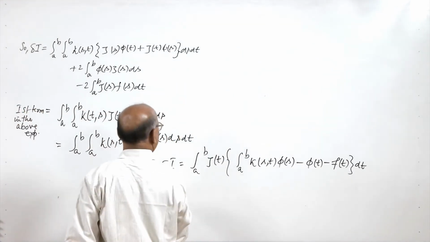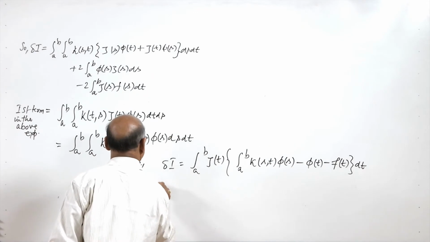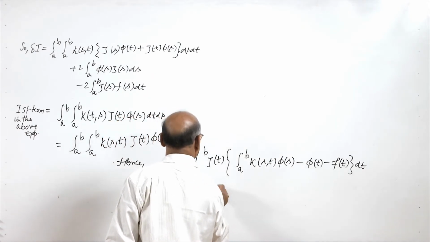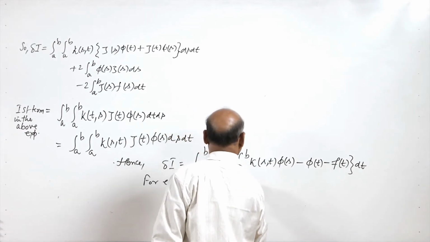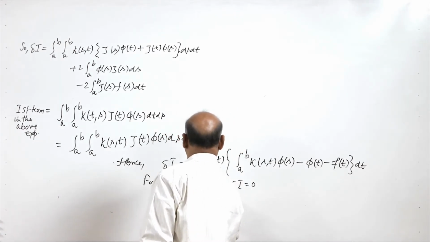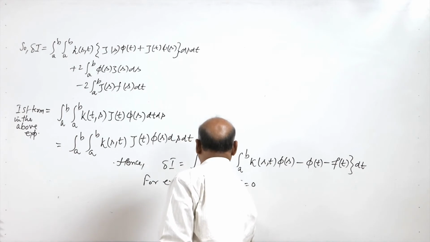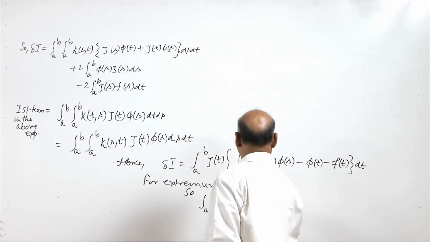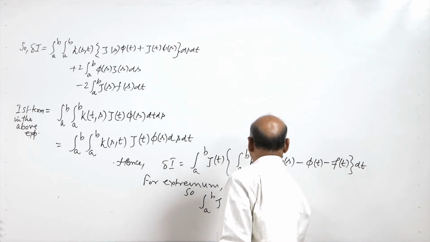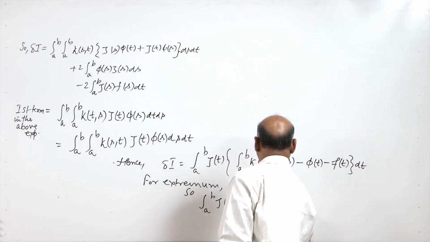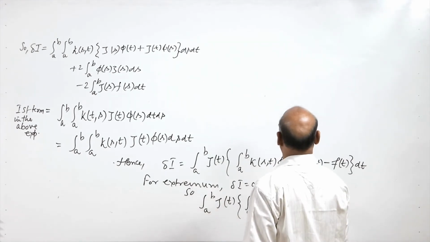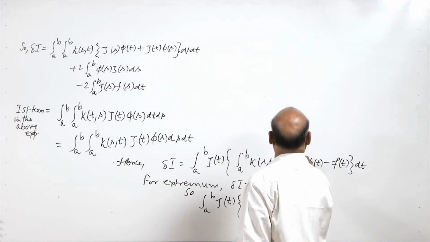So, hence for an extremum, what we get is integral a to b zeta(t) times integral a to b k(s,t) into minus phi(s), here it will be ds also.